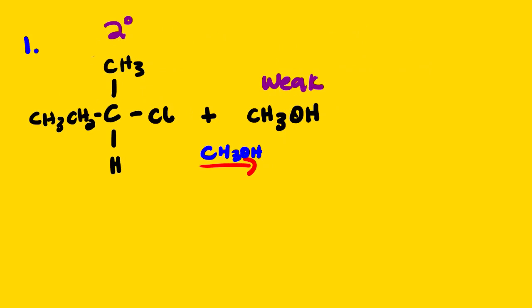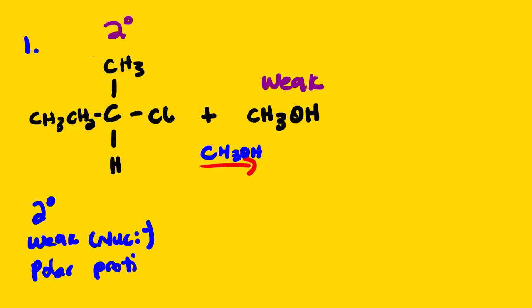So we can see that secondary alkyl halide with a weak nucleophile. With these two properties, we can conclude the type of nucleophilic substitution reaction this would be. And then we also have a polar protic, then this will be SN1.